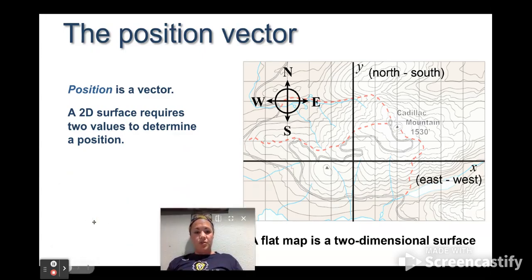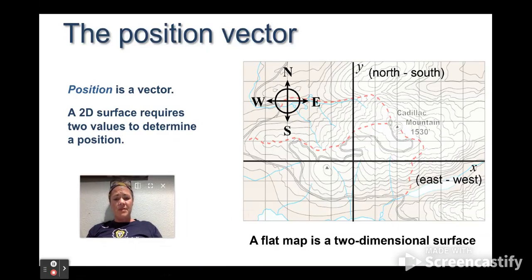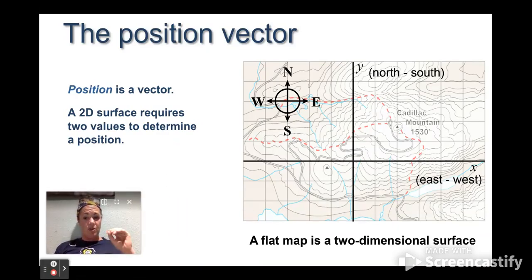On a two-dimensional surface, it does require two values to determine your position. In the last video, we dealt with one dimension. We dealt basically with a number line, and where your position was on that number line really only had to do with one number.